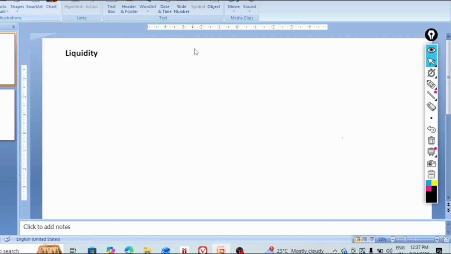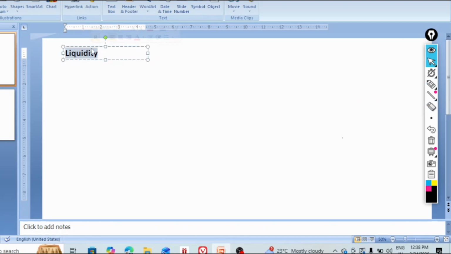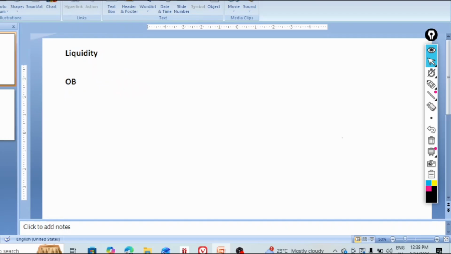Okay, and then order block is also liquidity. Order block. You know order block. Let me just write it down here. OB. Order block is also liquidity. So this is the order block here.